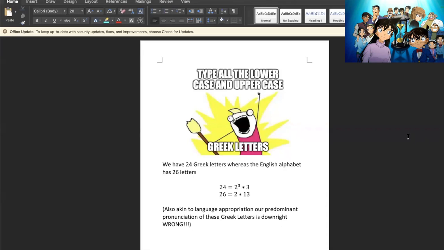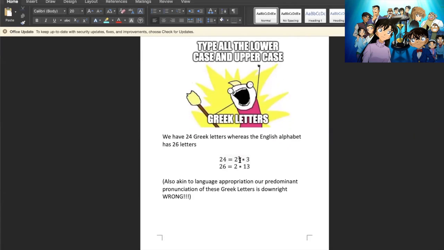So the Greek alphabet system predates the era BC, before Christ, and today we have 24 Greek letters, as opposed to the English alphabet, which has 26 letters. A neat fact: 24, in terms of its unique prime factorization, can be expressed as 2 cubed times 3, and 26 equals 2 times 13.